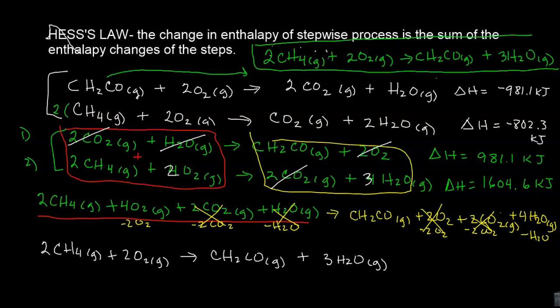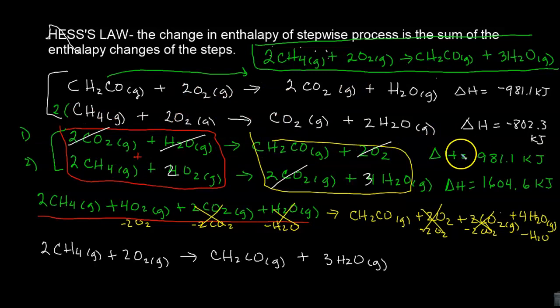Okay, so once you have your equation finished up and your equation matches, you're not done yet. You do have one more step left to go, because the question you're wanting answered is what the enthalpy change is going to be for this to all take place.